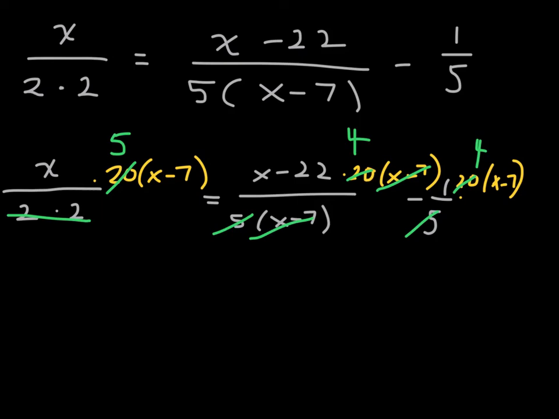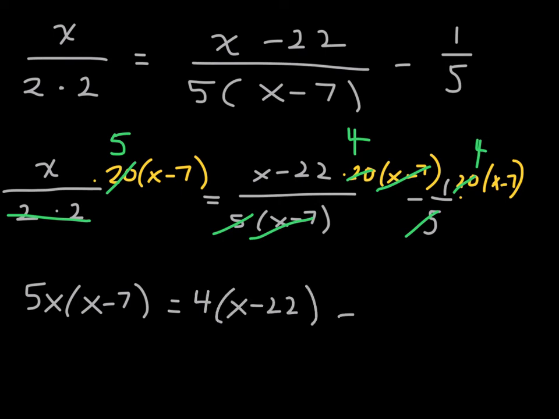Here in the front, I have 5x times x minus 7 is equal to, and then I have 4 times x minus 22 minus 4 times x minus 7.